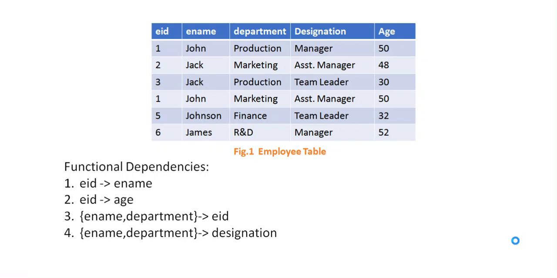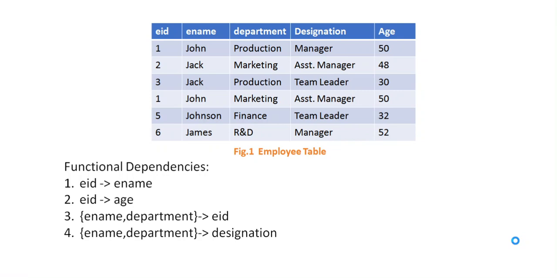If you repeat your employee ID any number of times, the value of age will be the same. The age for employee ID 1 is 50, and again the age for employee ID 1 is 50. So employee ID is determining the value of age, because for one employee ID the value of age is constant.